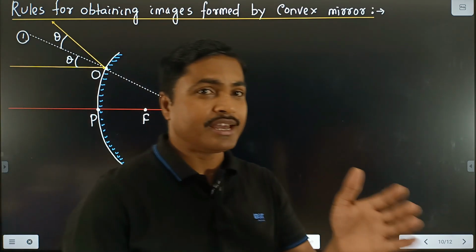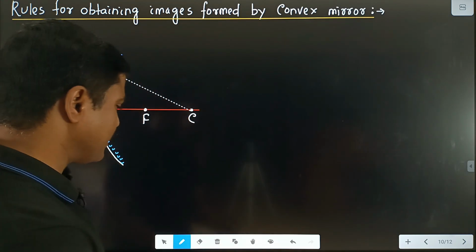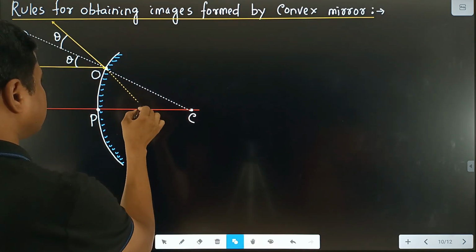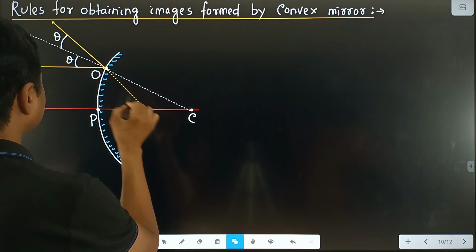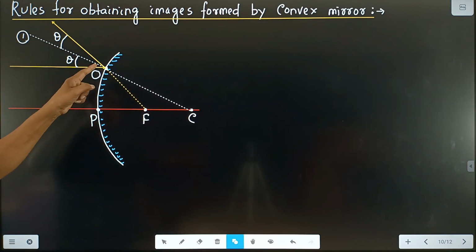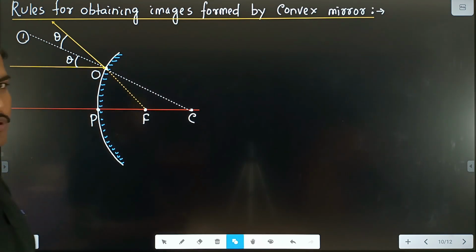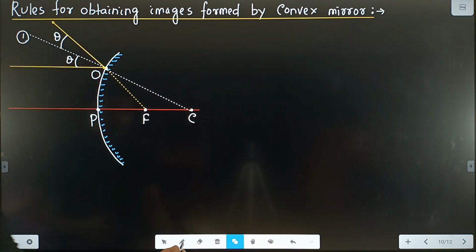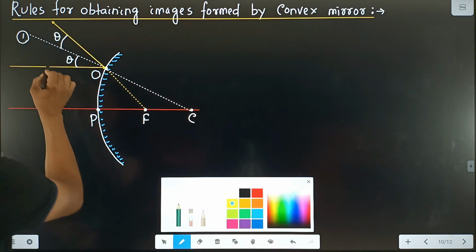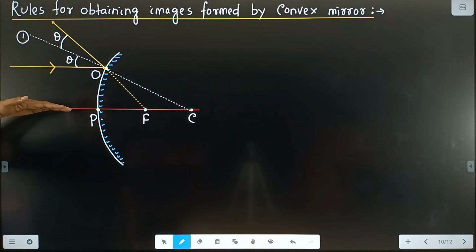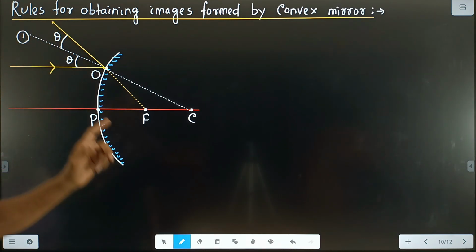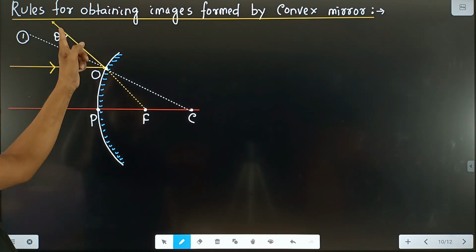Then, if we extend the reflected ray in the backward direction, the ray appears to meet at focus. That means if the incident ray is parallel to the principal axis, after reflection, the reflected ray appears to come from focus.